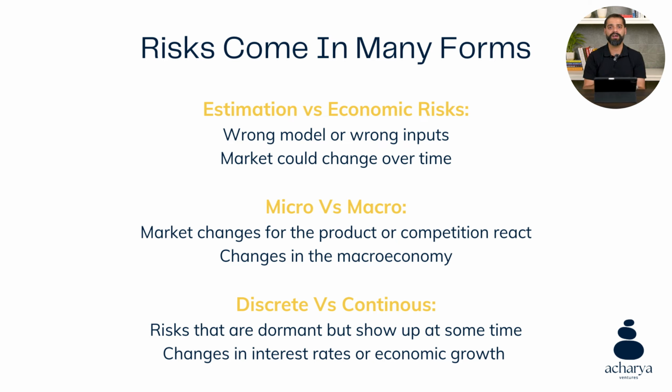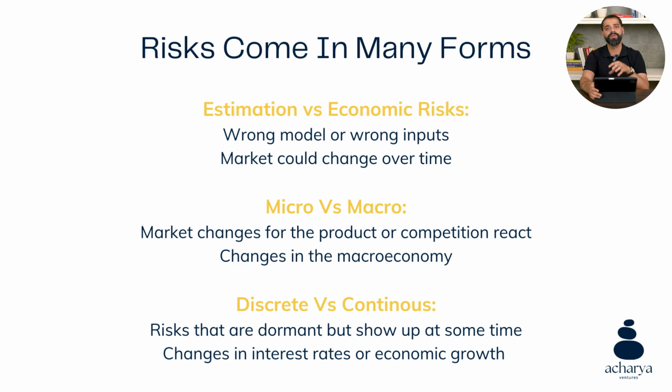Again, we're going to understand a little more on this later, but at an early stage of your company, it is more about your product and the immediate competition. As your company grows, goes global, expands into more markets, the risks shift from micro risks to more macro risks, which are dependent on larger factors which are beyond your control.